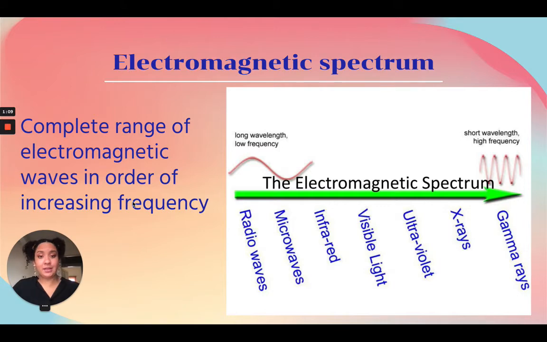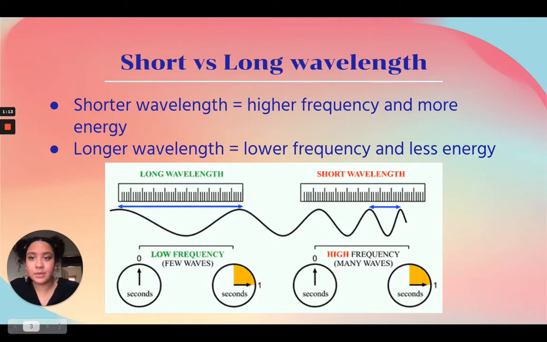And so let's get started as to what they are all about. What exactly do we mean about short versus long wavelength? The shorter wavelength means there's going to be higher frequency because from crest to crest, that length is shorter, so there are more wavelengths within a time period.